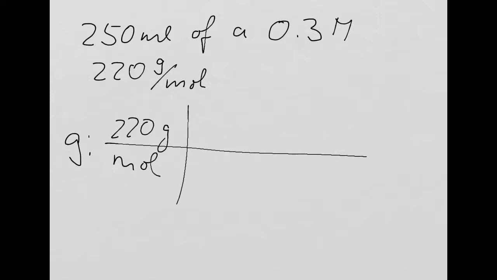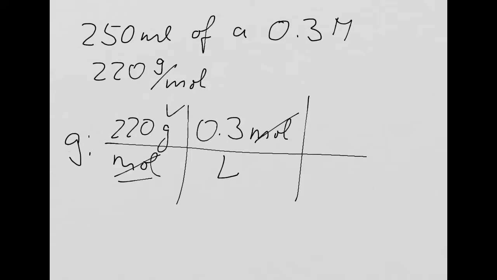We have the grams, okay, but the moles are annoying. Do we have anything with moles in it? 0.3 mole per liter. The mole cancel out. That's very convenient.